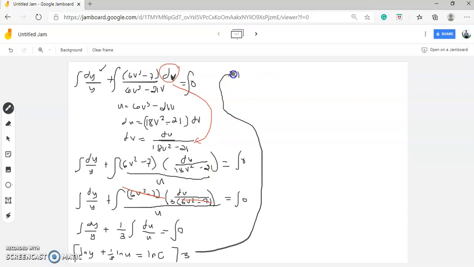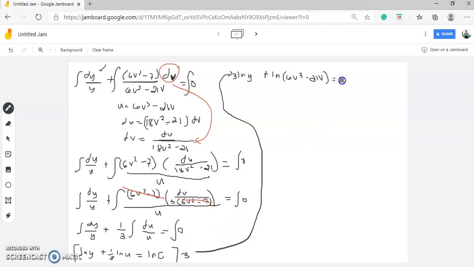So 3 ln of y plus ln of u. What is our u? Substitute it: 6v cubed minus 21v. By the way, guys, we multiply by 3 so that the 1/3 cancels and disappears.